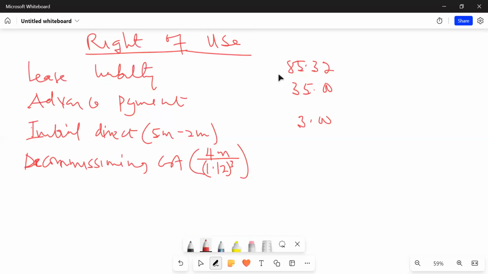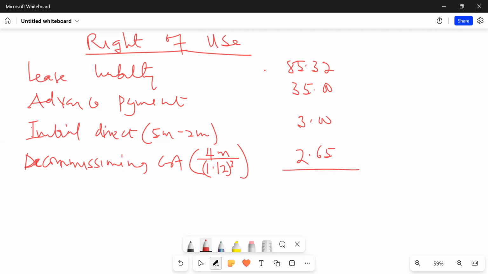Seniors, what are we getting for that? 2.847. Okay, let's make it to 2 decimal places. So 2.85. So let's now put our right of use together, and then we look at subsequent measurements.